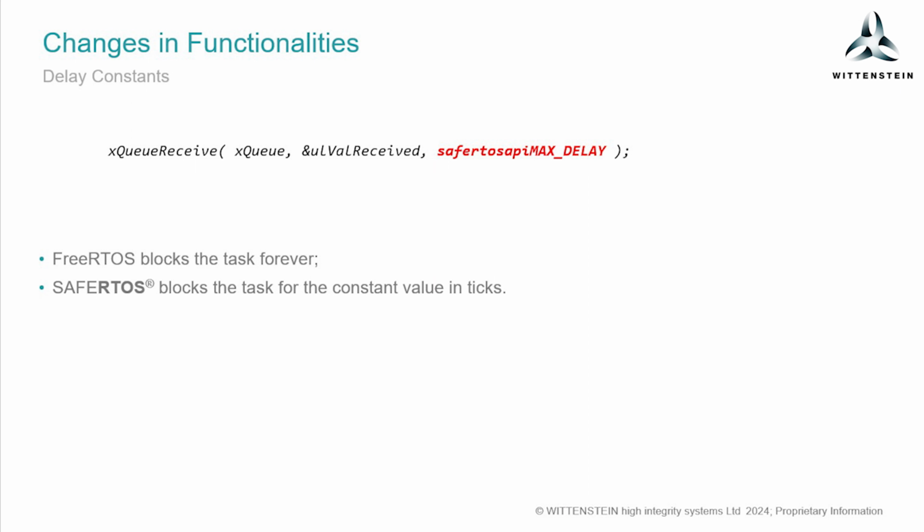In SAFERTOS, it means block for this number of ticks, this number being the maximum value of an integer. Because it's in ticks, it is going to depend on your application tick rate. If your tick rate is similar to 1,000 hertz, then you will find that this will block for 1 to 2 months of real time.